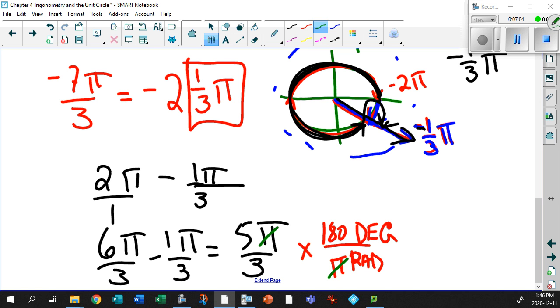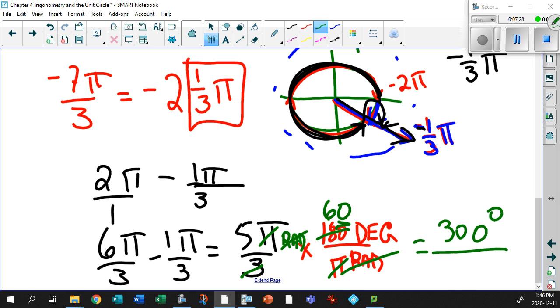And plus, pi as a decimal means it's a rounded answer. Okay, 3 goes into 180. Oh, that's easy. I know that that goes in 60 times, right? My radians cancels out because after all, this is radians. So I got 60 degrees. What's 5 times 6? 5 times 6 is 30. With that extra 0, you got 300 degrees. 300 degrees. That's how you do it. All right?